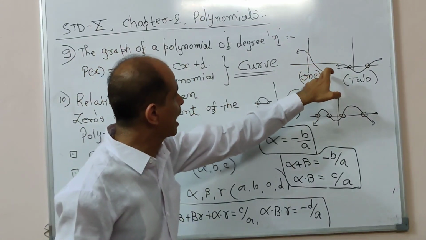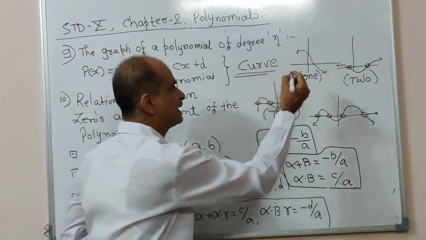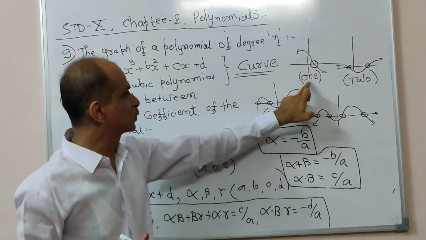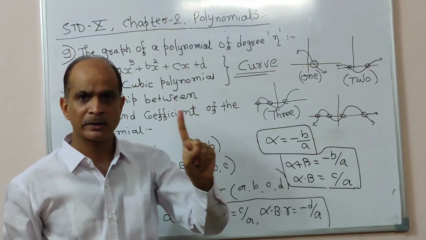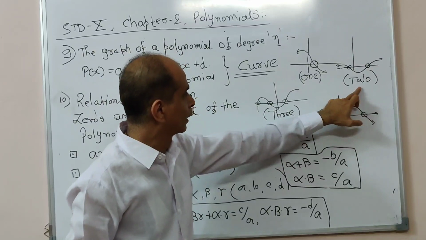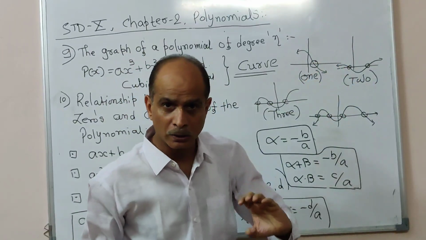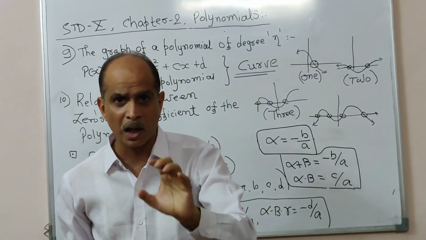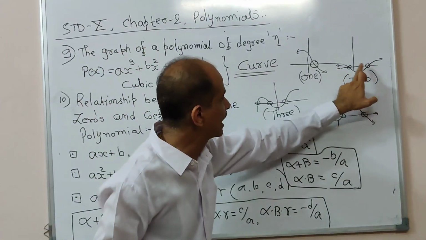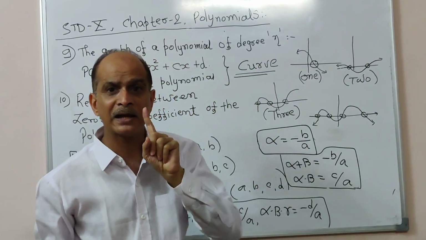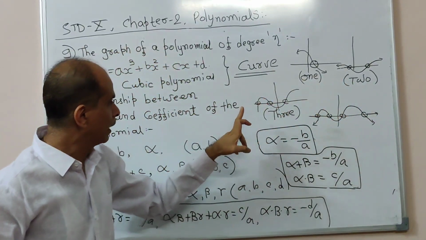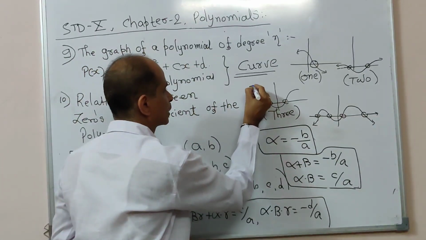Here the graph is a curve and it intersects the x-axis at one point, and that's why it has only 1 zero. Now here the graph is also a curve, and that's why it is a graph of a cubic polynomial, and it intersects the x-axis at 2 points, and that's why it has 2 zeros. Let me explain the third graph.